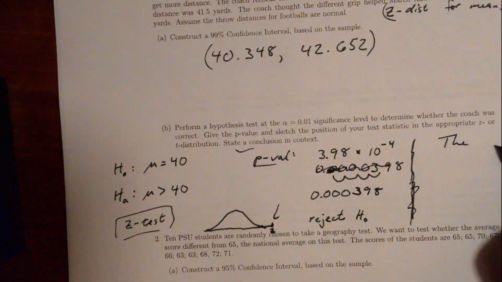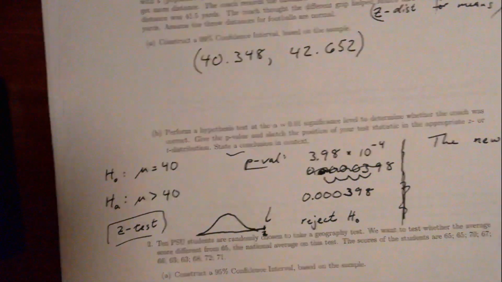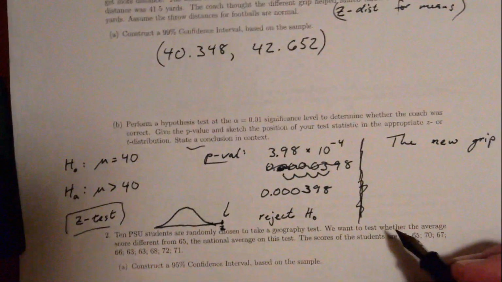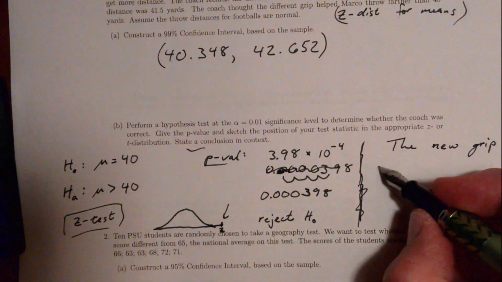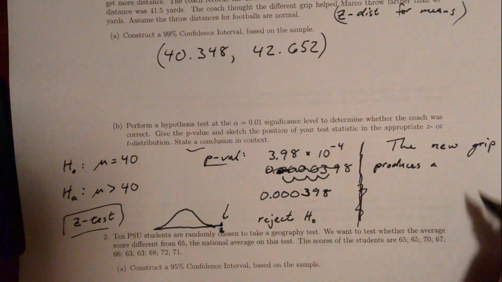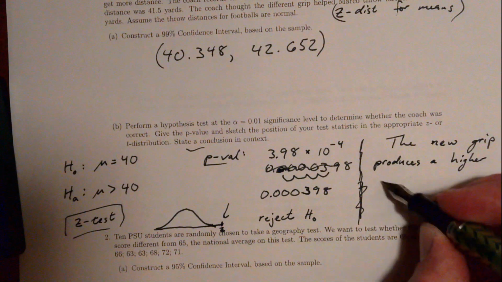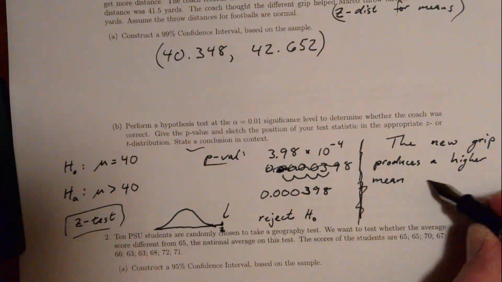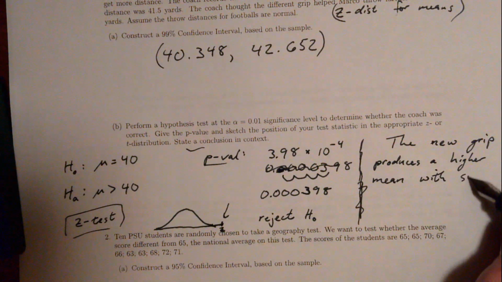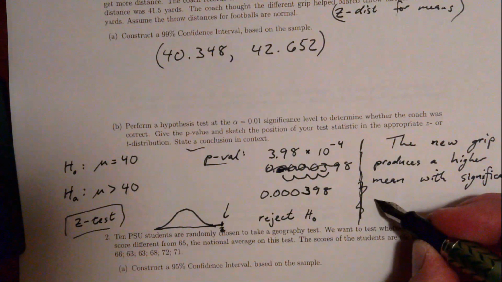So in context, the new grip produces a higher mean with significance at the 1% level.